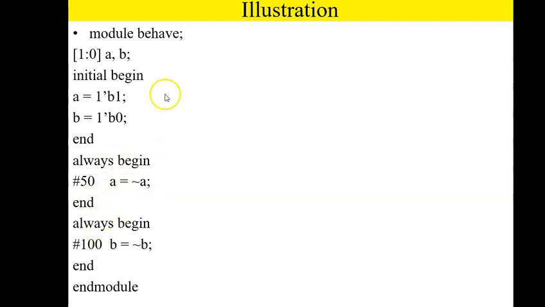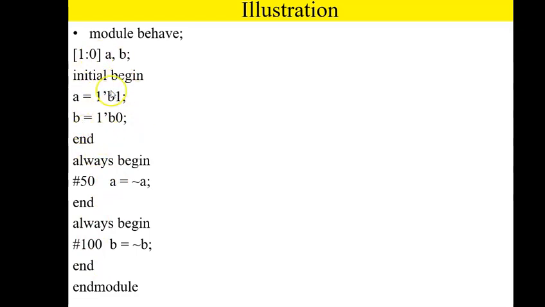Similarly, as I have told you, in a module you can have any number of always blocks. Another always block. Again, always begin after 100 time units. Assign complement of B to B. That means B will become B complement. End, because every begin must be closed by end.